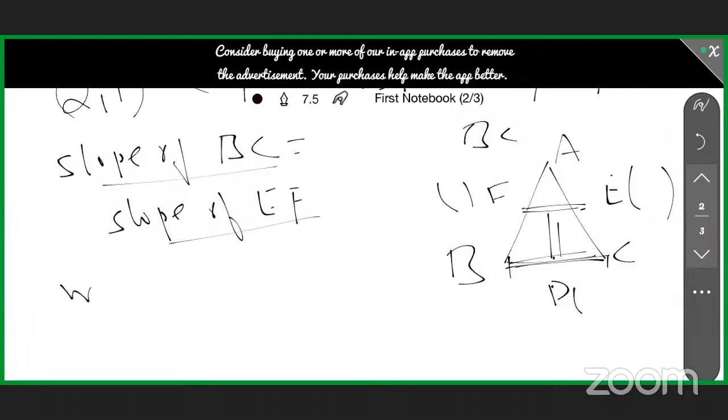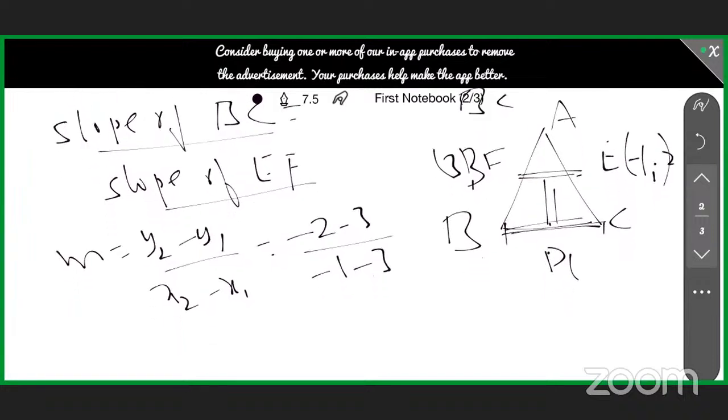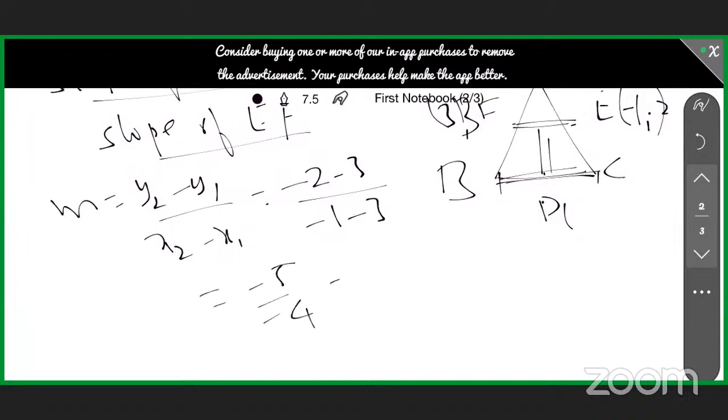That is m equals y2 minus y1 by x2 minus x1, the slope of the line joining two points. The points are minus 1, minus 2 and 3, 3. So it is 3 minus minus 2 divided by 3 minus minus 1, that is 5 by 4.